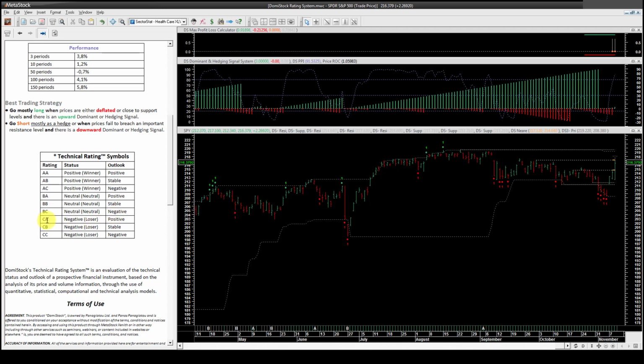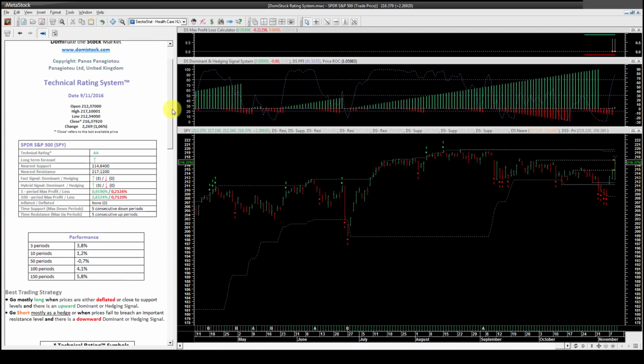A CA rating means that the security has a negative status, with a positive outlook, while a CB rating means that the security has a negative status, with a stable outlook, and a CC rating means that the security has a negative status, with a negative outlook.